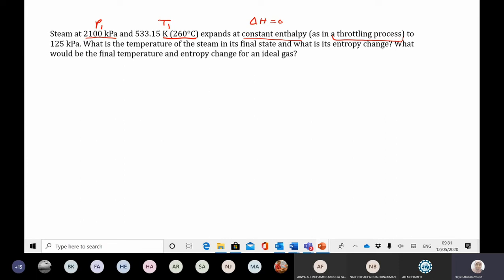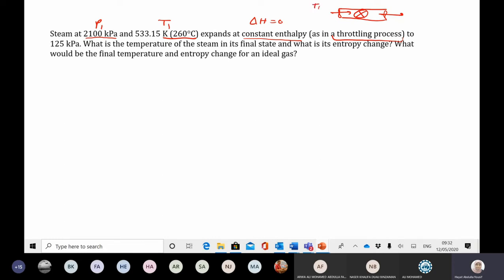But with the throttling process, normally we get a reduction in pressure. So if we consider this as our throttling process, we do have a throttling system, like a valve or whatever. I will explain that in detail in chapter 7.